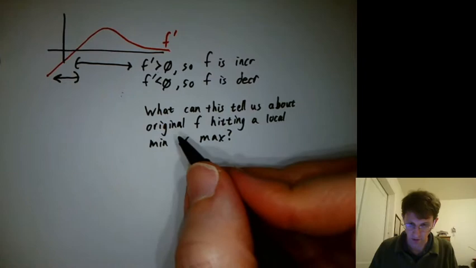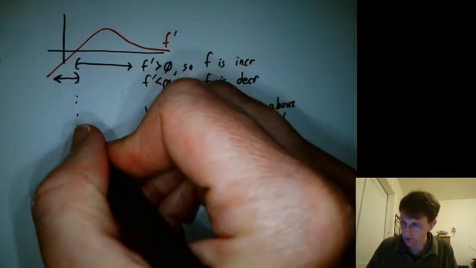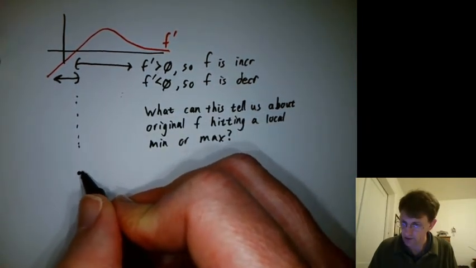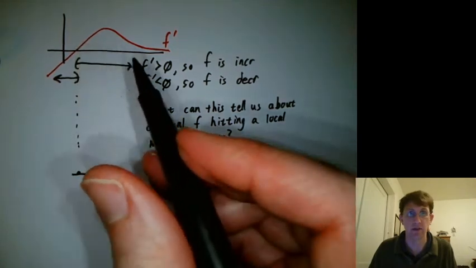All right, so you've probably been thinking about it and saying, well, let's do this here. At that x value, the original function has a flat tangent line because the derivative is 0.